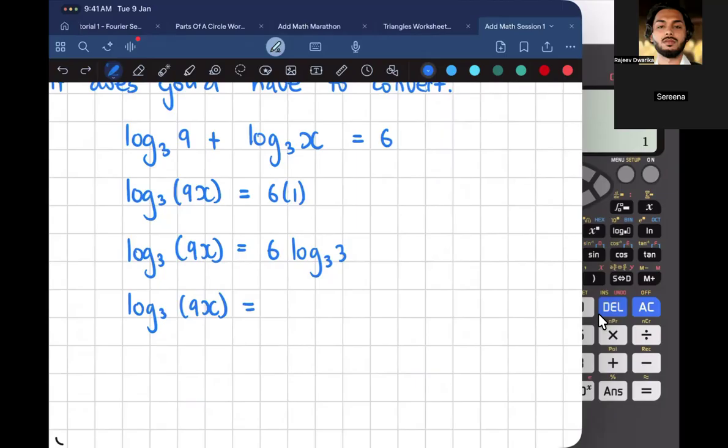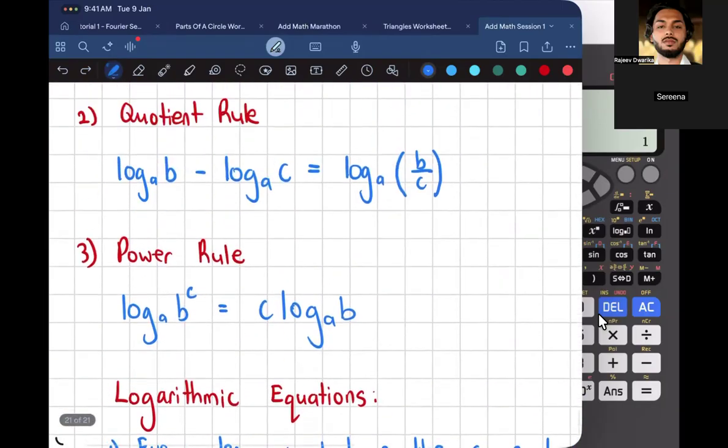Let me check out the power rule real quick. So these rules work back and forth. If I have a base raised to a power, I can move it to the side. So if I have a number to the side, we think I could also move it to the front.